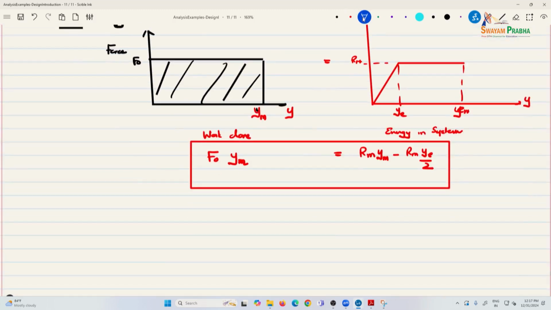So let's manipulate this equation a little bit in a good, mathematical sense.